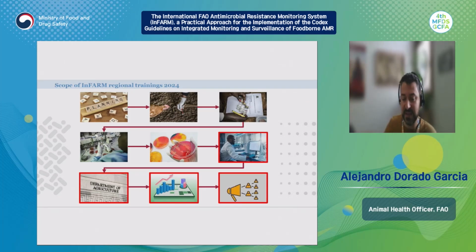And then in the last day, we had a session on how to use all these different prevalence and trends coming out from the INFAM data platform for disseminating the results to the different stakeholders and also to inform decisions for policy and for interventions.